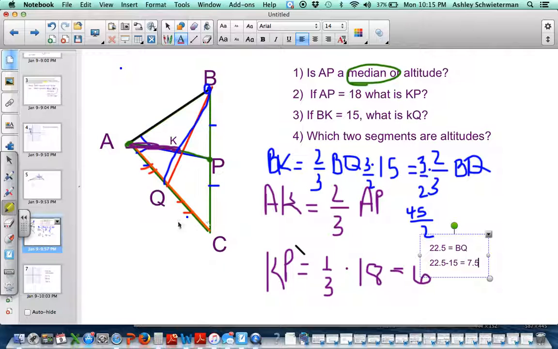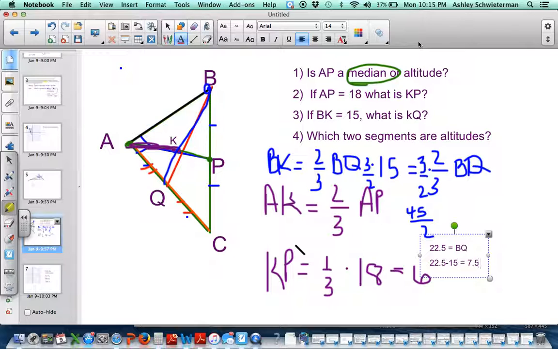It asks in the figure over here, what two segments are altitude? Well, at first glance, looking at it, they didn't give us from a vertex to an opposite side being a right angle. Neither one of those are right. Well, if I look, it's a right triangle.